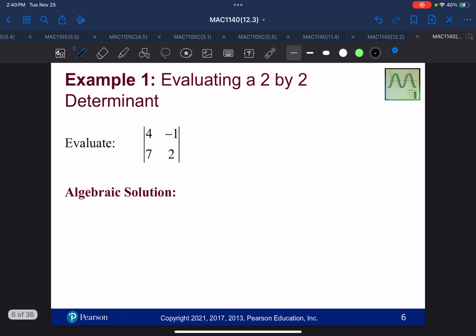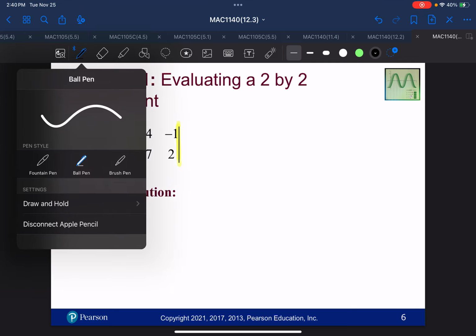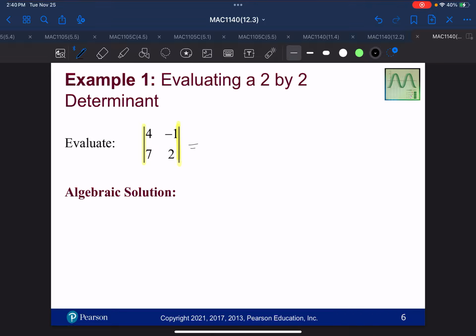Okay, so for example, just so you know, again, they're already using the straight up and down bars. So this is asking me to find the determinant of this 2 by 2 matrix. So this would be equal to 4 times 2 minus 7 times negative 1, which would be 8 plus 7, which would be 15.